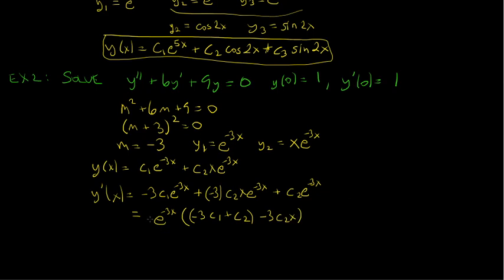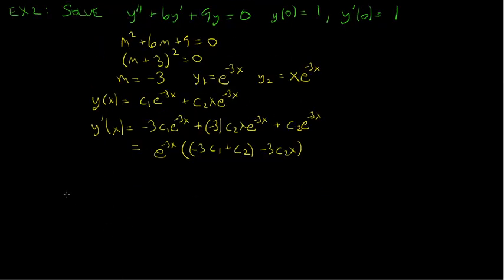Now let's just plug in x equals 0 here. If x is 0, we just get c1 plus 0, right? So that tells me right away that c1 has to be 1. Now, when we plug 0 into the derivative, we get e to the 0, which is 1.